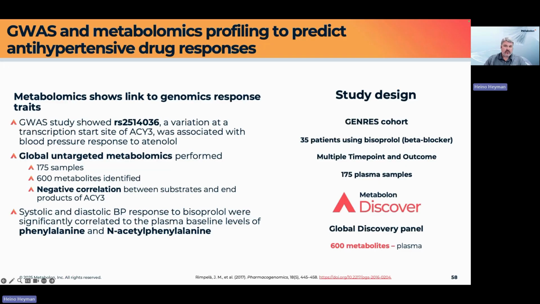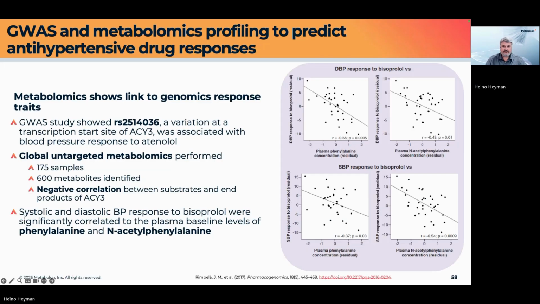So they are cross-sectional as well as longitudinal samples. And the result was 600 metabolites were identified across all of these samples on Metabolon's Global Discovery Panel performing untargeted metabolomics. The metabolomics data showed negative correlation between the substrate and products of aminoacylase 3.